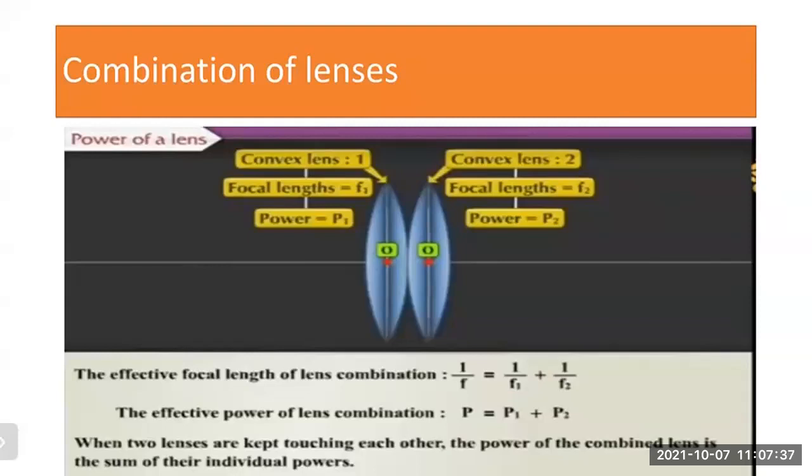So when two lenses are kept touching each other, the power of the combined lens is the sum of their individual powers.